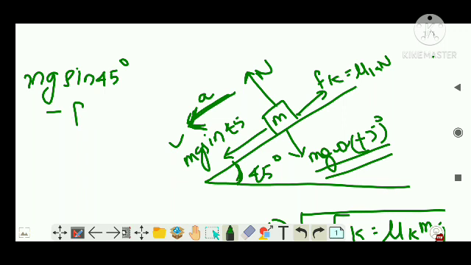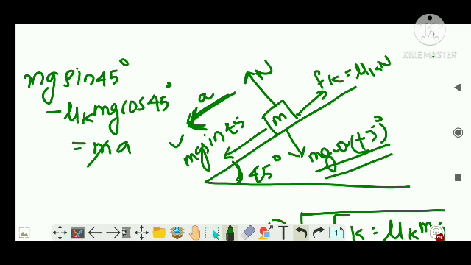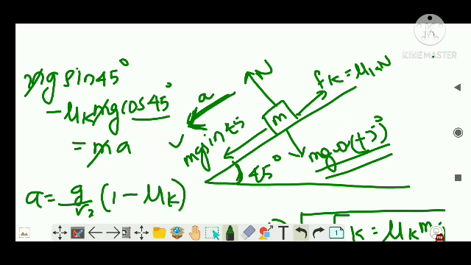In place of Fk, you can write mu k mg cos 45 degrees, is equal to ma. You can cancel m in all the terms. So I can write a is equal to g sin 45, which is g by root 2, times (1 minus mu k). Why did I write cos 45 and sin 45 as the same value, 1 by root 2?